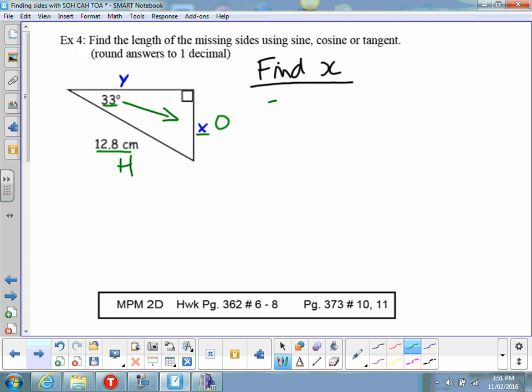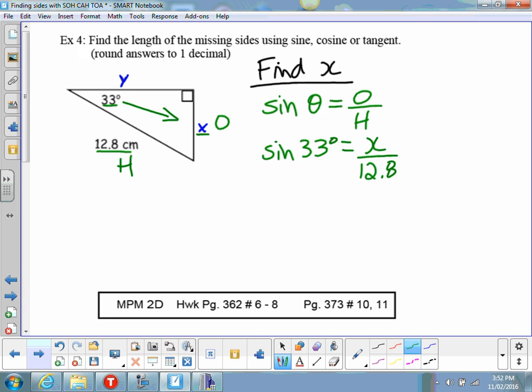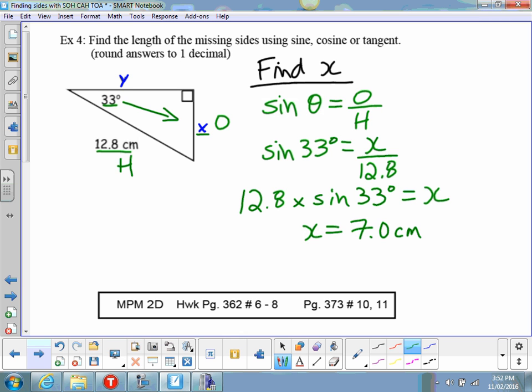If it's opposite and hypotenuse, sine theta is opposite over hypotenuse. It's going to be sine 33 degrees equals x on the opposite side, and 12.8 the hypotenuse. And just like the ones we did previously, we'll move 12.8 over and multiply it by the sine 33. When we multiply those together and round to one decimal place, we get side x is equal to 7 centimeters.